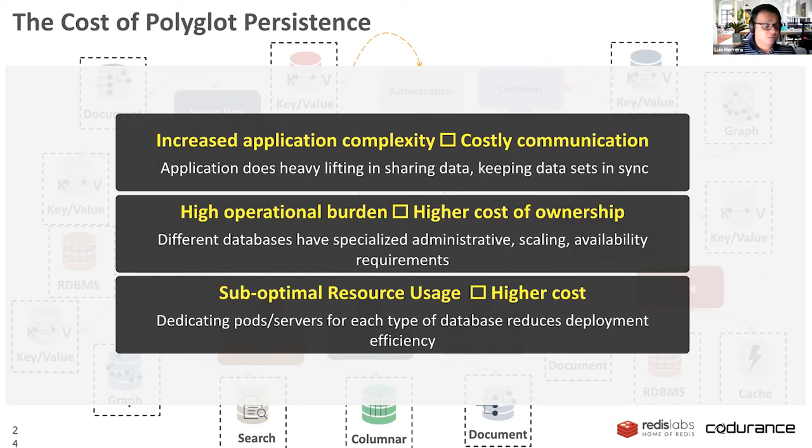It will reduce the total cost of ownership, and improve your hardware and resource usage. And with the expertise of Codurance and Redis teams, you will be able to increase your chances of success of these modernizing strategies. And that will be it for me.